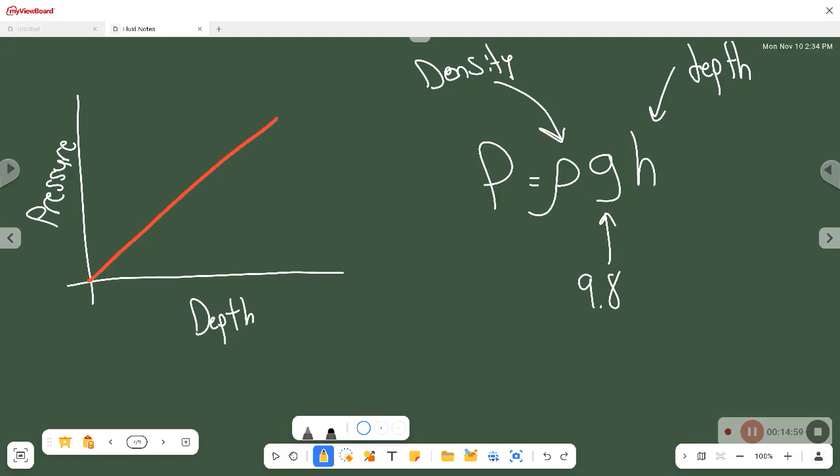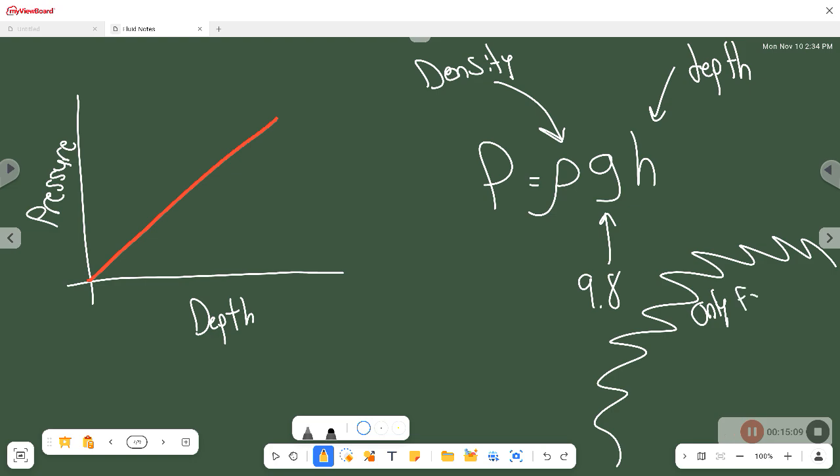All right. Very important though. Add a little extra bit here. This is only for fluids of uniform density. Okay?